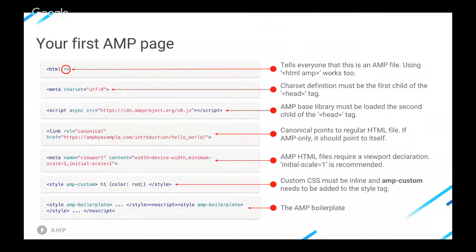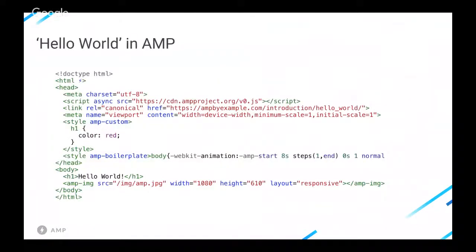So when developing a page, always have a look at the tutorials and the documentation and see, can I actually use this element, or is there a custom element for it? In most cases, you should be fine using the elements you're used to, but just have a look to be safe. And when you do that, then basically you have your first hello world in AMP.